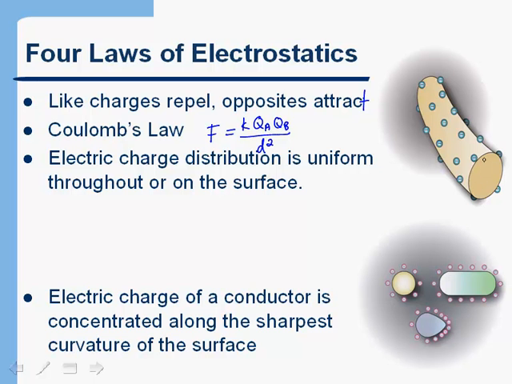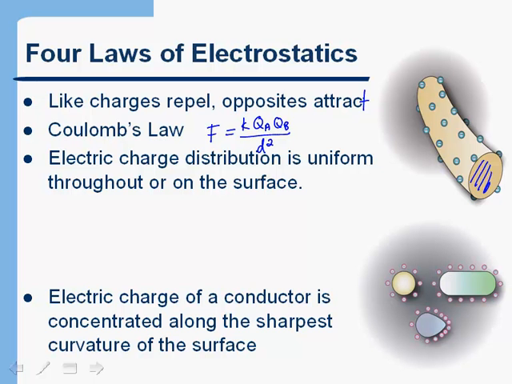Imagine that this is a piece of metal. If you think about it, charges can move very easily in metal, and we'll talk more about that in a second. So if I have some charge on a piece of metal, all the little charges are going to want to get as far away from each other as they can, because like charges repel.